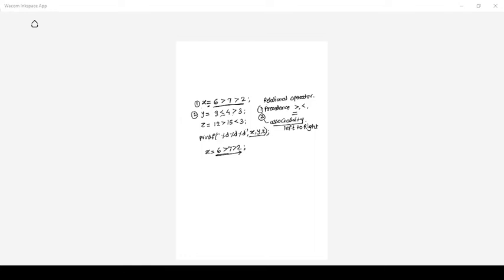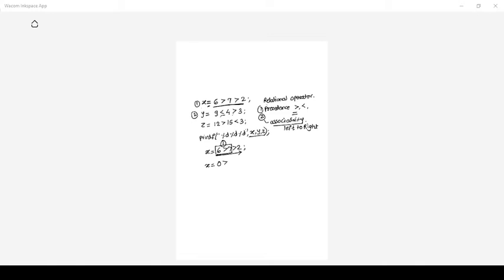So we first solve 6 is greater than 7. If it is greater, it returns the true value, and if not, it returns the zero or false value. Here 6 is greater than 7, so the condition is false and it returns 0.